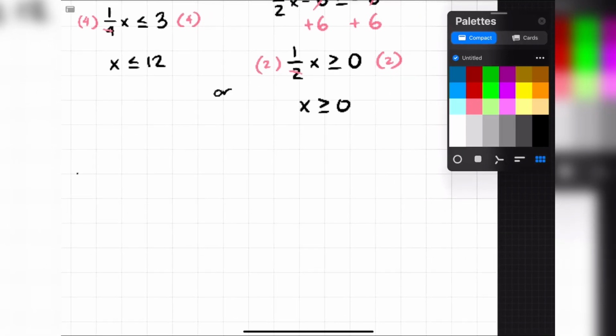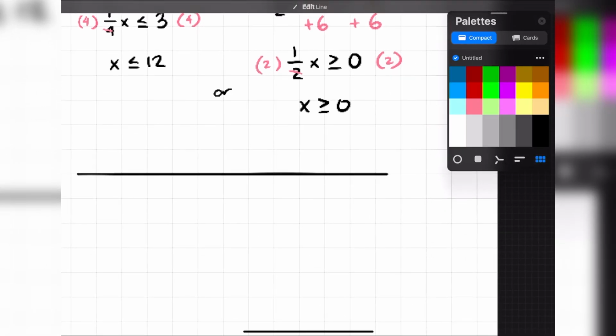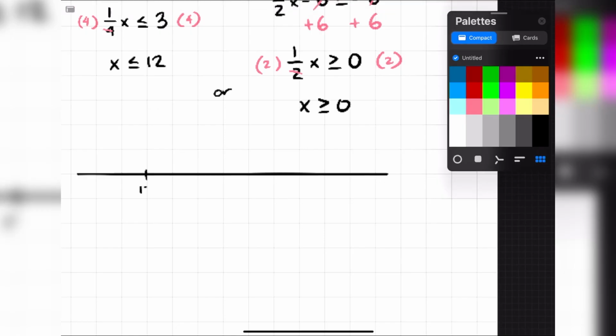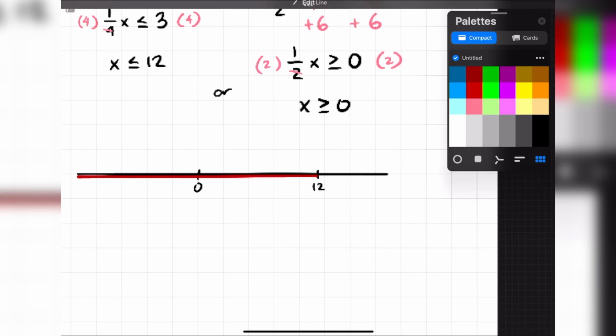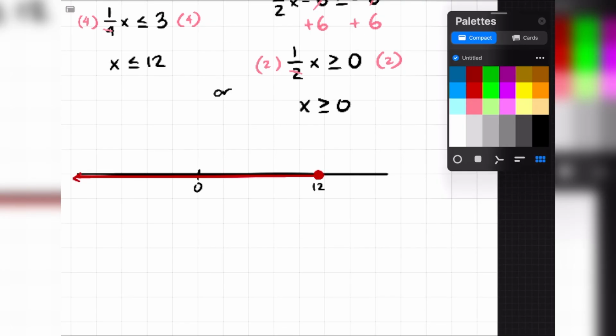So we can write this down now. Put 0 here, and then we'll put 12 here. So x is less than or equal to 12, so everything right here filled in satisfies that one. For the other one, x is greater than or equal to 0, which would be all of this.